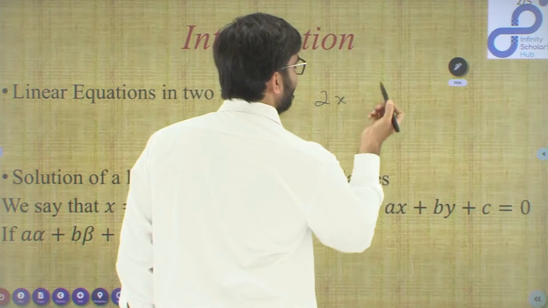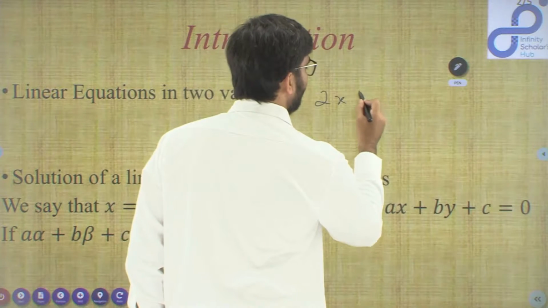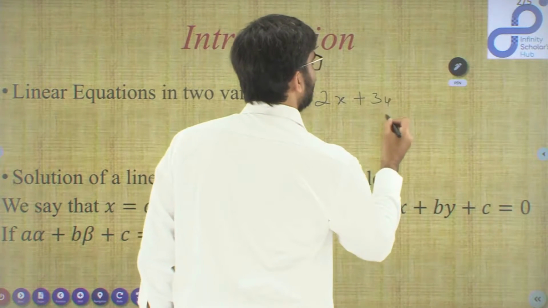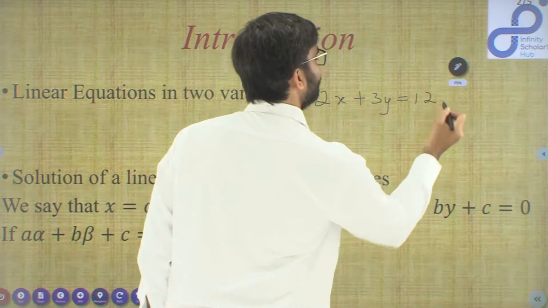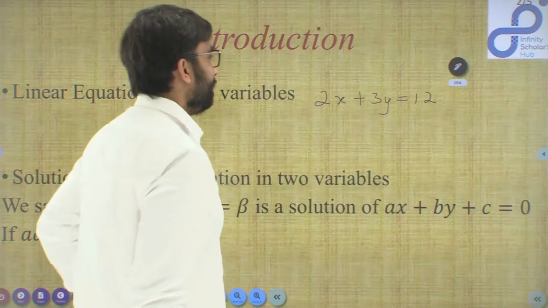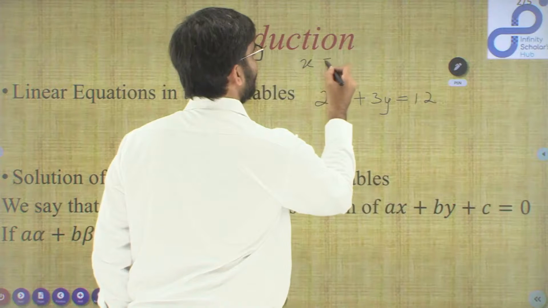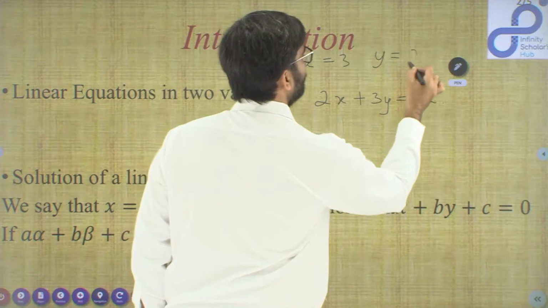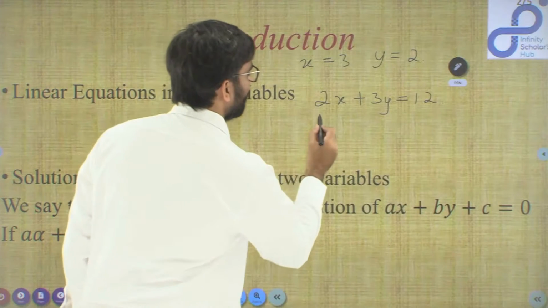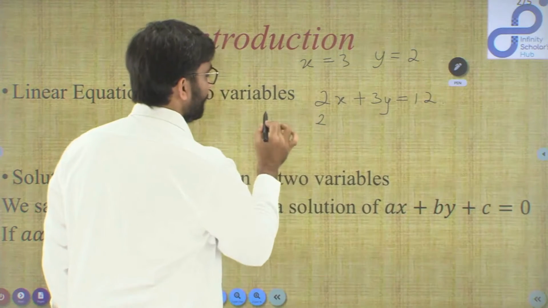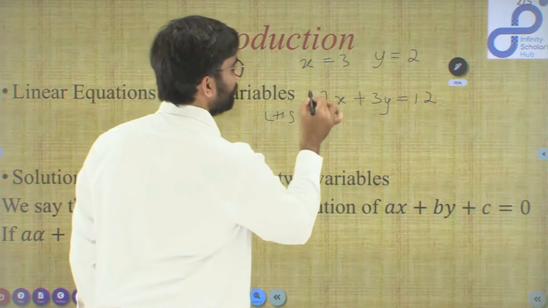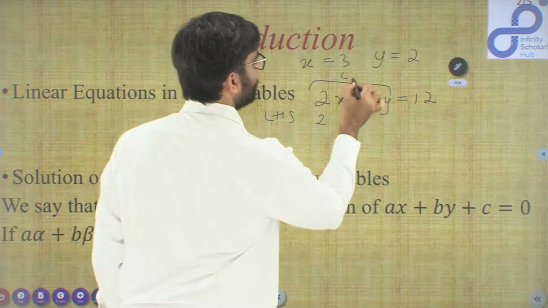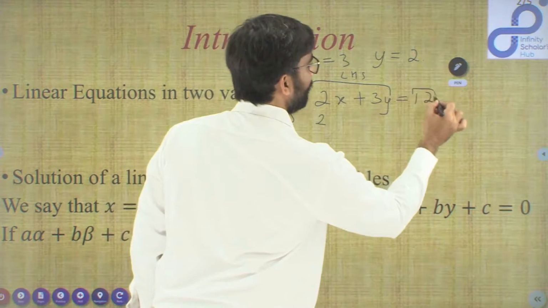So if my linear equation in two variables is 2x plus 3y equals 12, and instead of x I put 3 and instead of y I put 2, what will happen? Now I am considering only the LHS of the above equation, and this is your RHS.